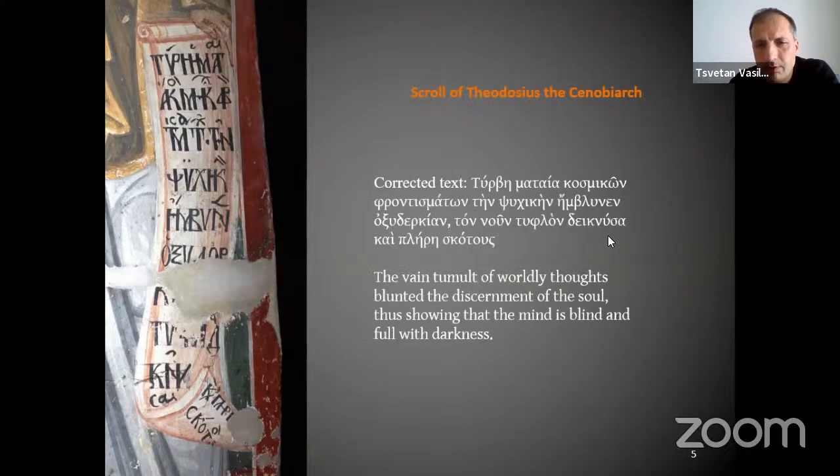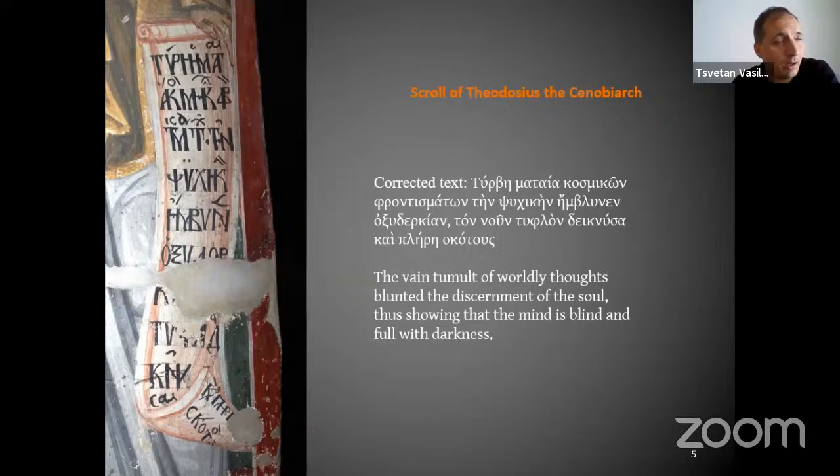Okay, so this is an example of such text that is identified only in a painter's manual, but the real source is not found until now. So: the vain tumult of worldly thoughts blunted the discernment of the soul, thus showing that the mind is blind and full with darkness.